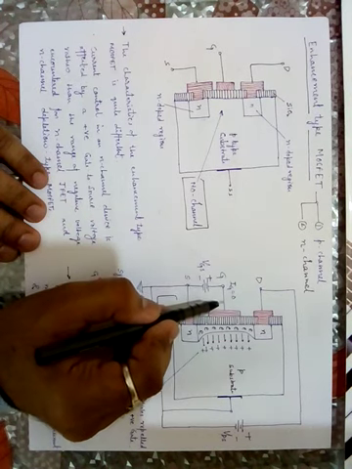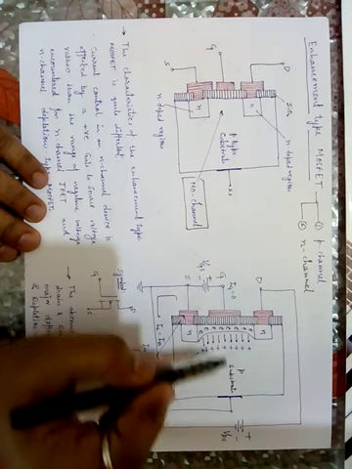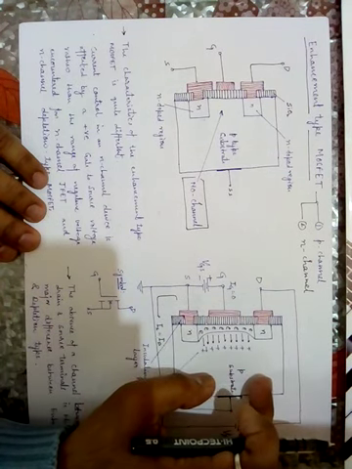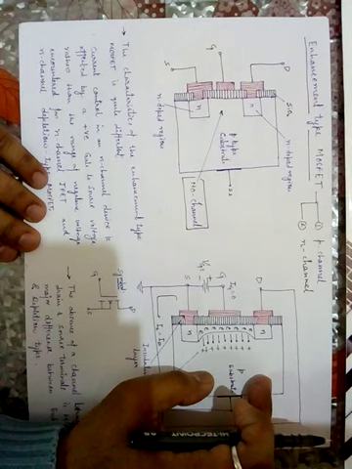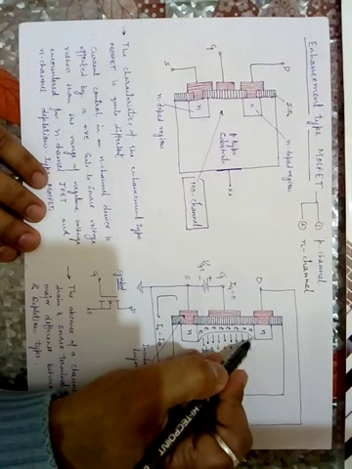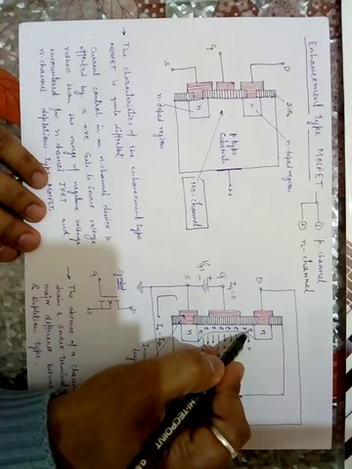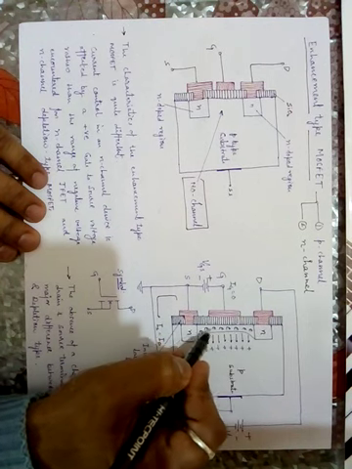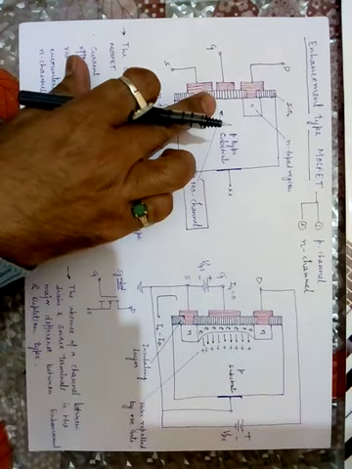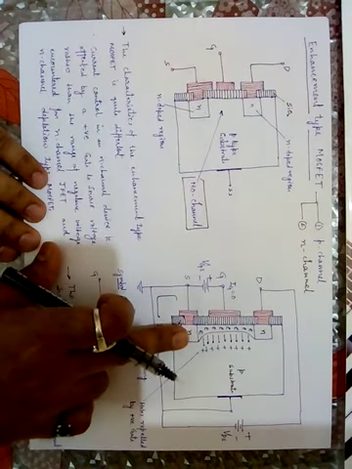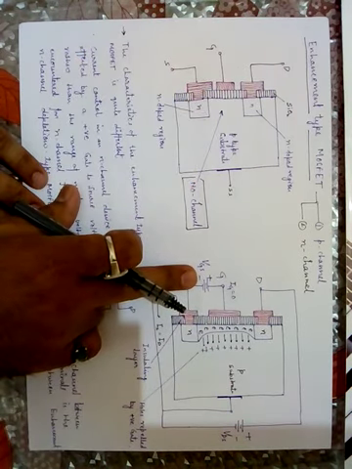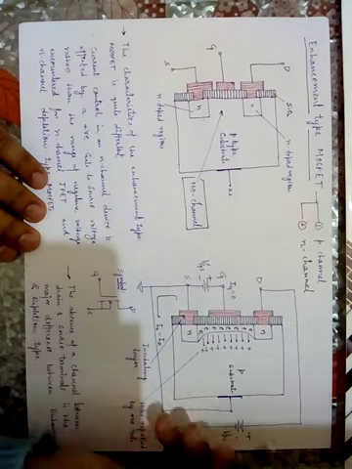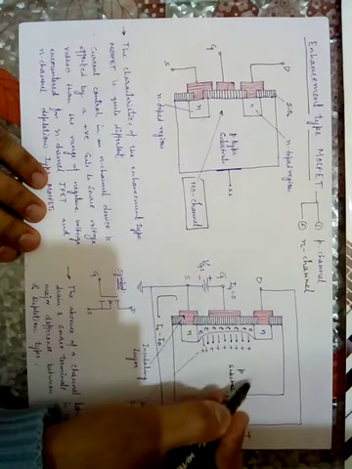Because this positive value attracts all the minority electrons that exist in the P substrate. All these electrons, I mention here by the E symbol, they are now here. Why did they come? Because of this positive voltage. This positive voltage attracts all the electrons from the P substrate.